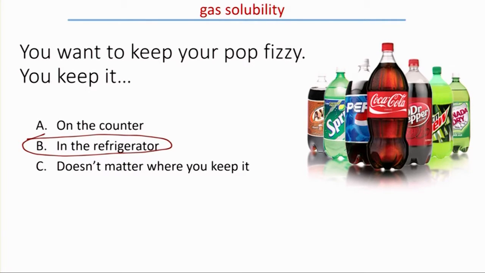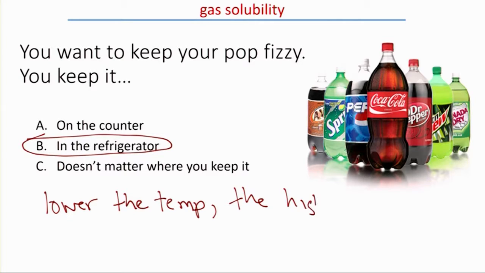The lower the temperature, the higher the solubility. We'll look at pressure effects as well, but as far as a gas goes, the colder it is, the more gas can dissolve.